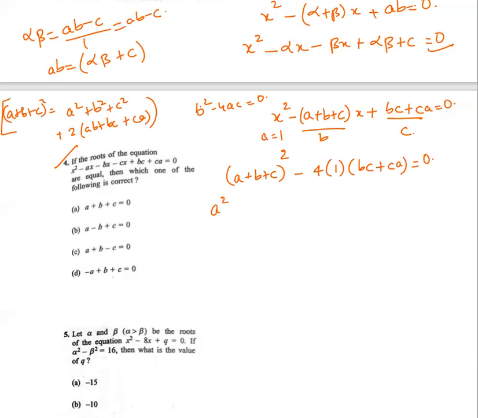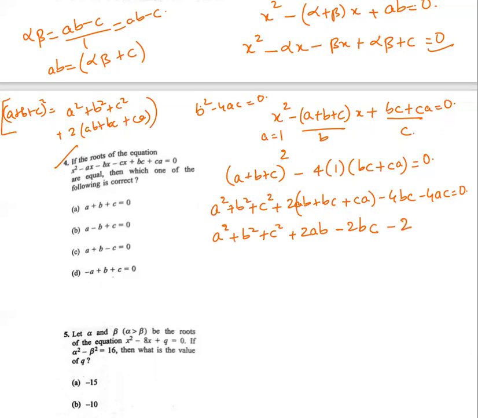So I can rewrite this thing as a square plus b square plus c square plus 2ab plus 2bc plus 2ca minus 4bc minus 4ac equals to 0. So now we have finally a square plus b square plus c square plus 2ab plus 2bc minus 4bc will give me negative 2bc. 2ac minus 4ac will give me negative 2ac.